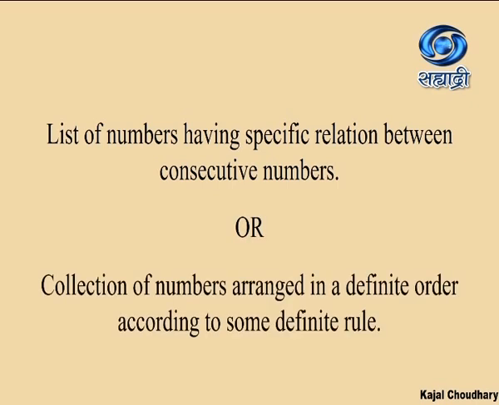Or we can say they are collections of numbers arranged in a definite order according to some definite rule. And the rule we have to decide by looking at the given sequence or series. Such a list or collection of numbers is called a sequence in mathematics.